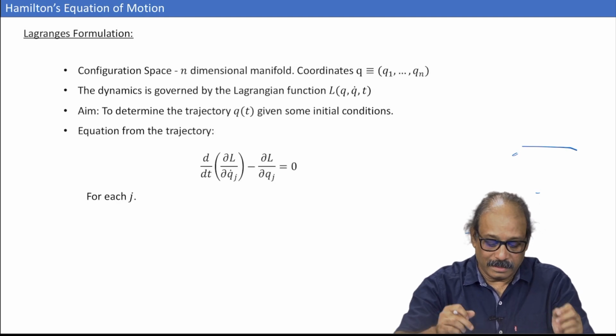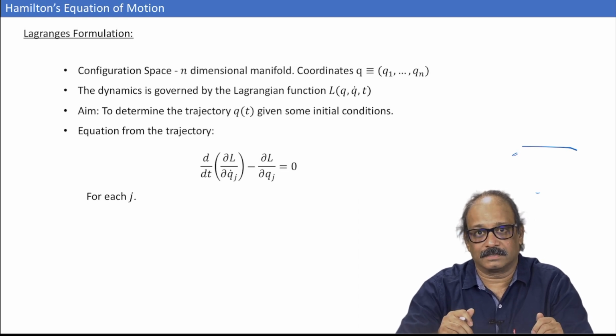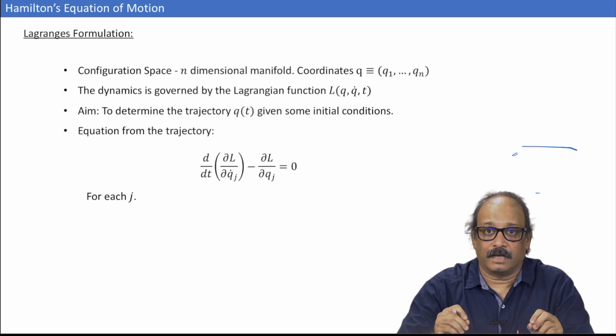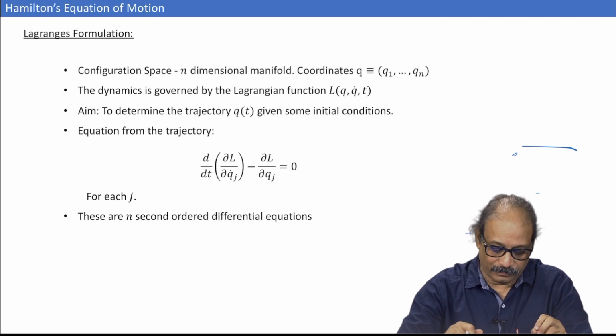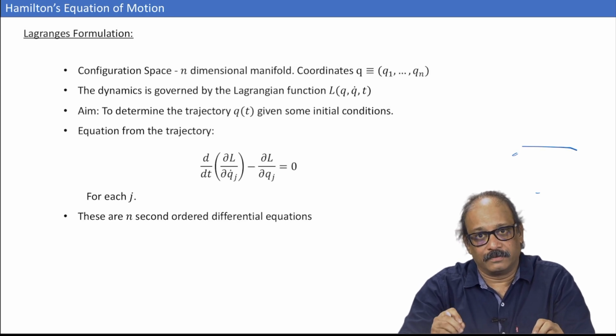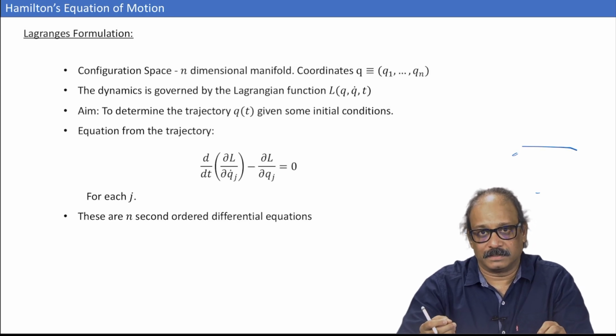Okay. And that equation is given by the Lagrange's equations or set of Lagrange's equations here. These are of course n second order differential equations in dependent variables q1 to qn, and of course independent variable t.